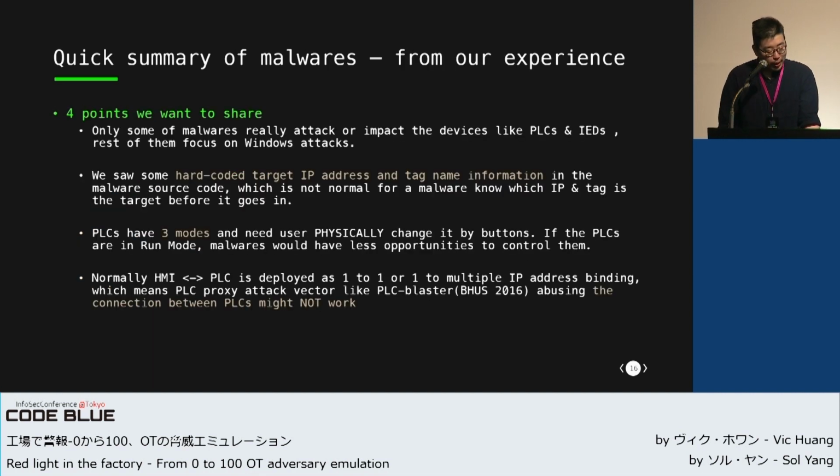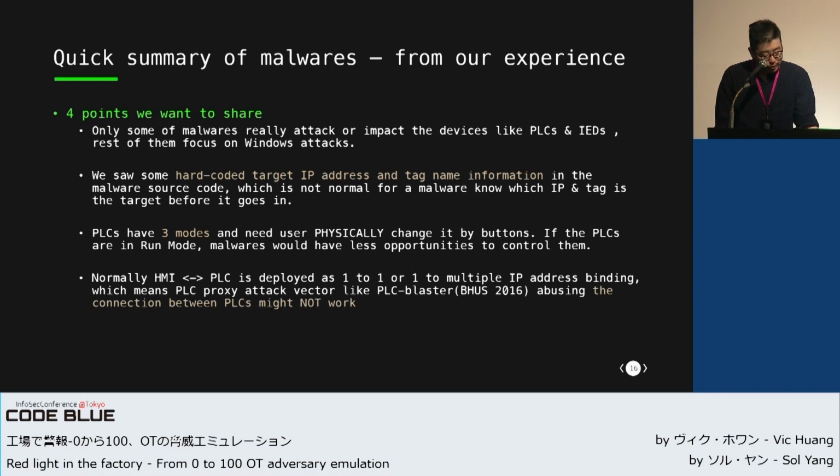And then combined with our experience in incident investigation and security checks on the real factory, there are 4 points we want to share. First, only some malwares really attack or impact the devices, like PLCs and IEDs. I think most of you already know about it.